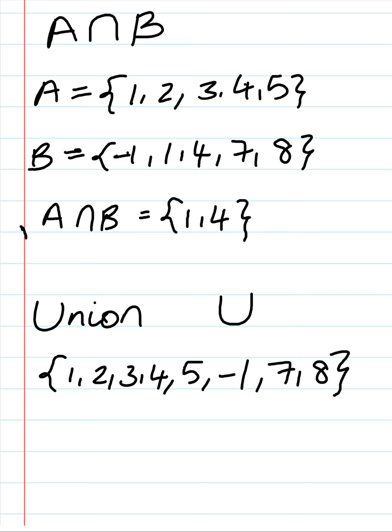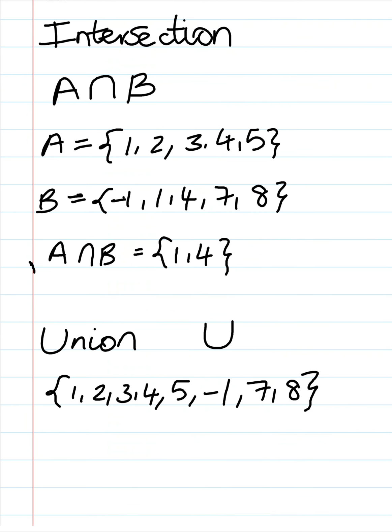The union means the union of both sets. An easy way to distinguish intersection and union is the union symbol will have a U-type shape.